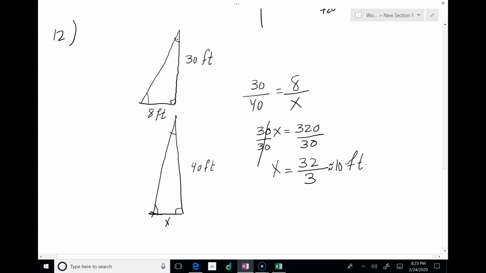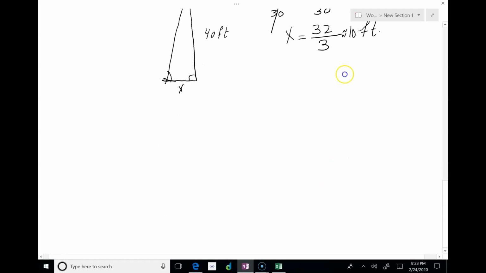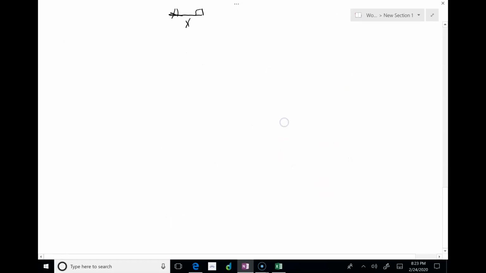Okay, next question. Number 13. There are two triangles again.